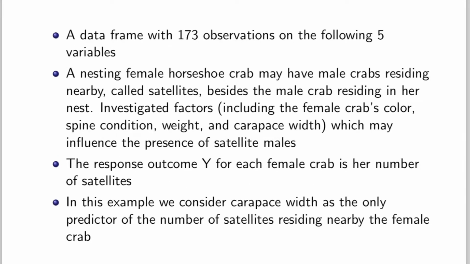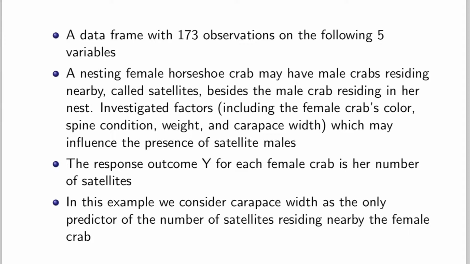Let's have a look at our data for the example, horseshoe crabs and satellites. First, our data frame is 173 observations on the following 5 variables, including the female crab's color, spine condition, weight, and carapace width. Each female horseshoe crab in the study had a male crab attached to her in her nest.